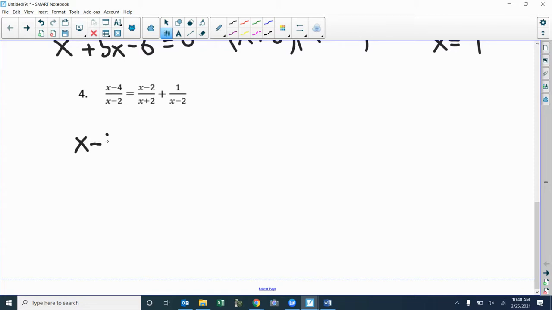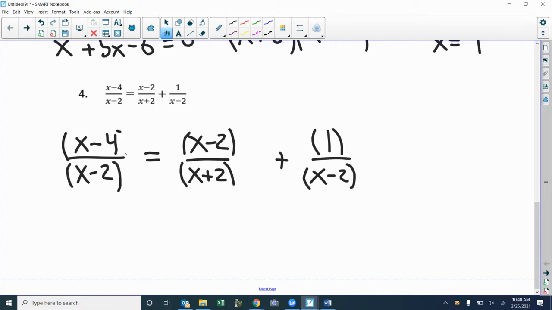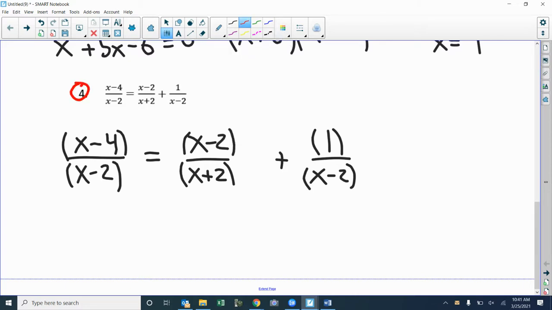So we're going to have (x minus 4) over (x minus 2) equal to (x minus 2)(x plus 2) plus 1 over (x minus 2). I'm going to put these in brackets because we are going to be doing some FOILing and multiplying once we figure out what we're missing from some of these sides.